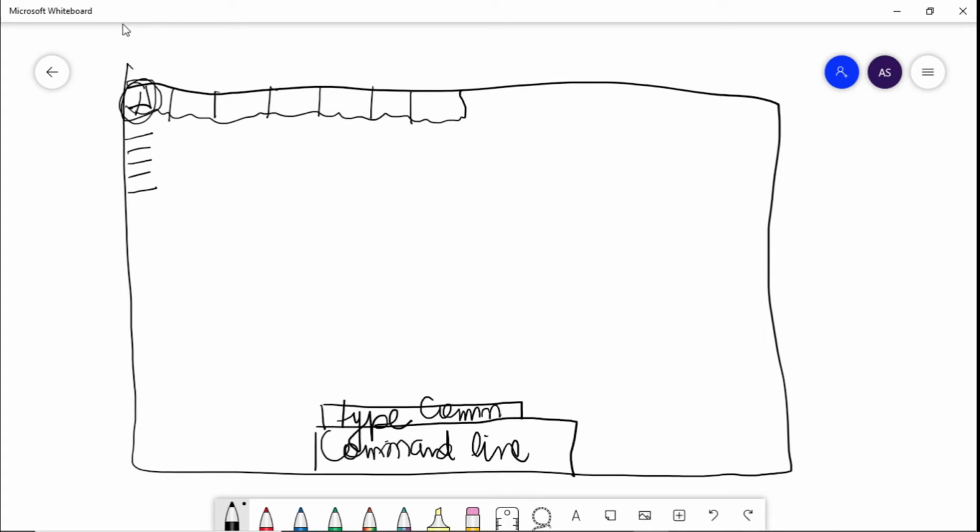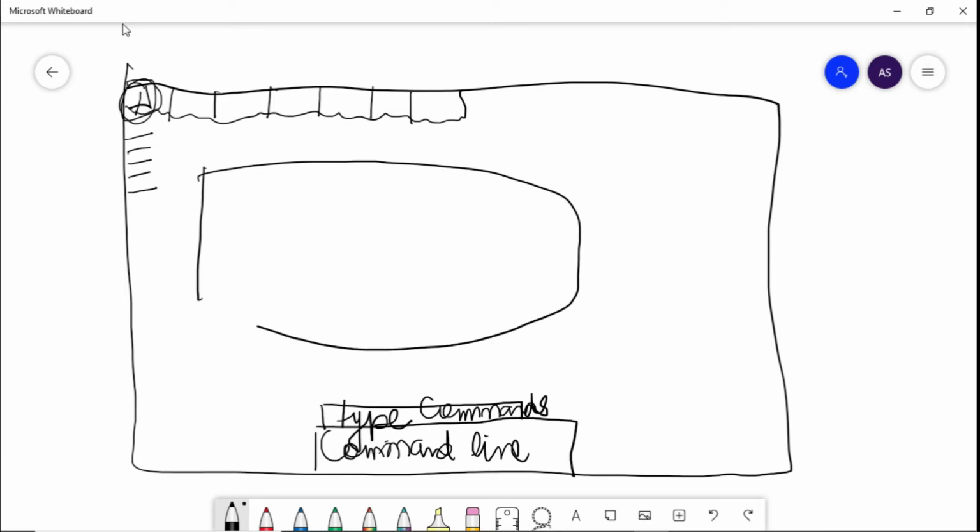The commands are in the form of whatever you want to draw, and this whole area is the drawing space, and you can adjust or scale down or scale up your drawing space as per your specifications in the drawing.